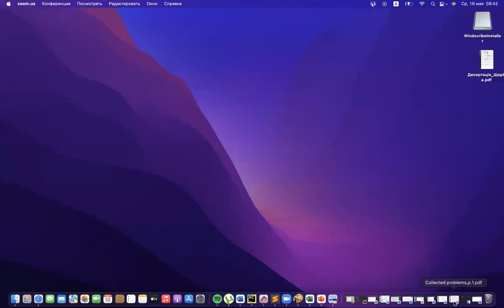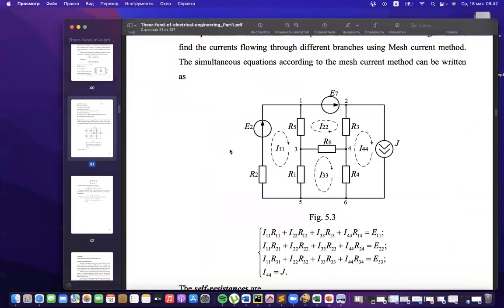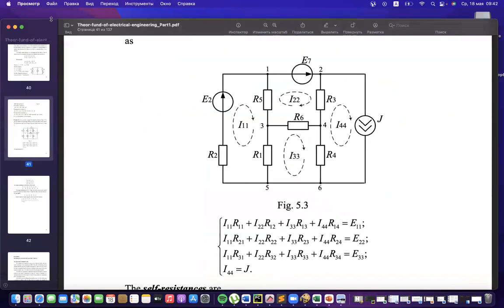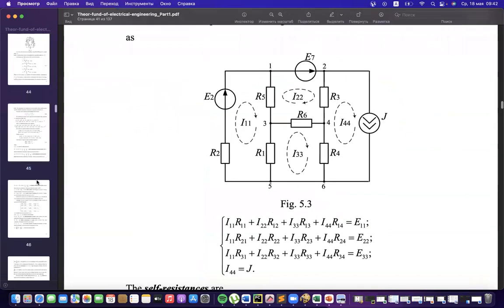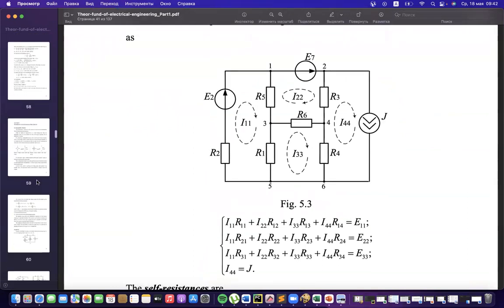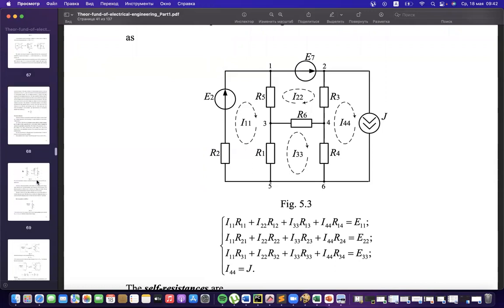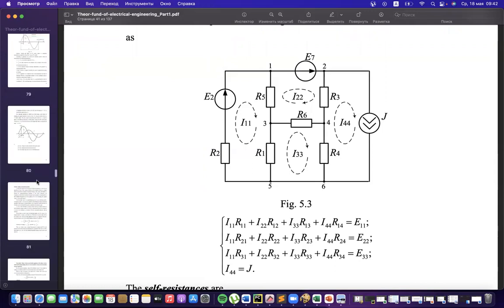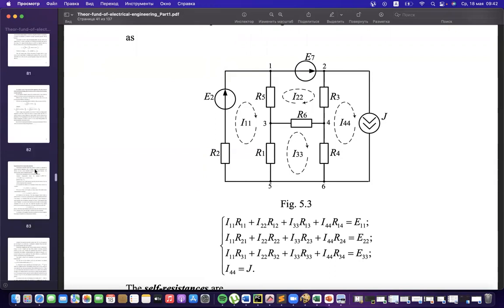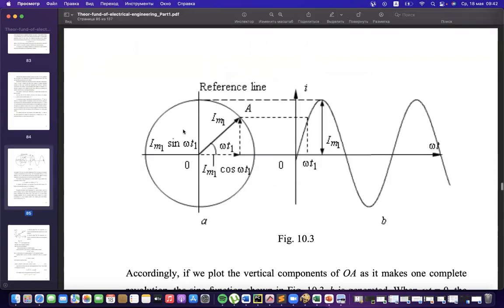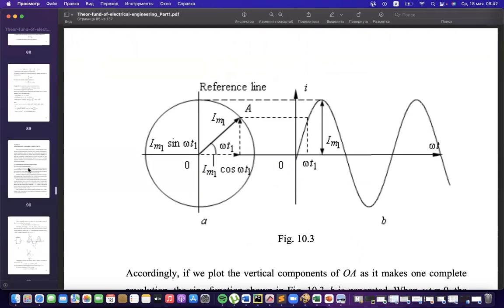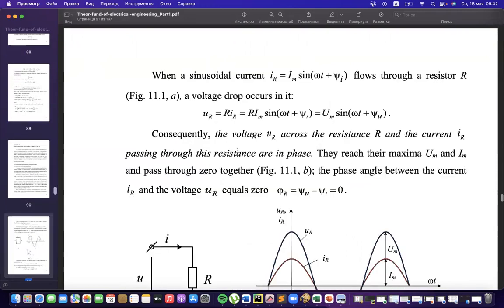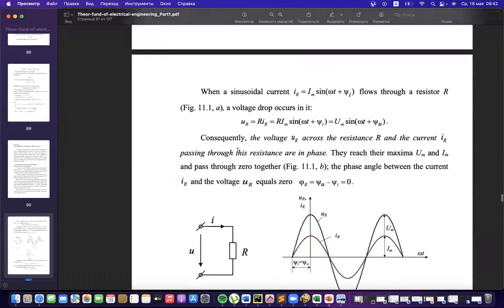Previous time we discussed the main properties of elements for sinusoidal variables.